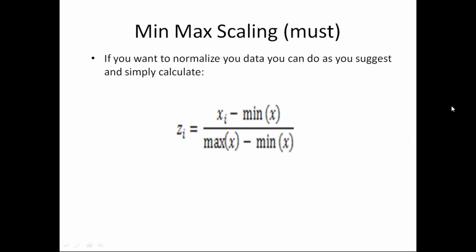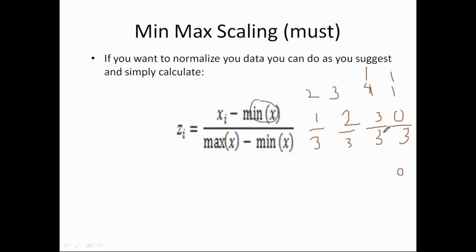If you have data 2, 3, 4, 1, what will it become? Just subtract the minimum, which is 1, and then divide by max minus min. Max is 4, min is 1, so divide by 3.